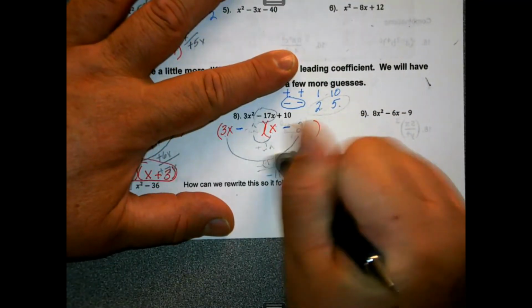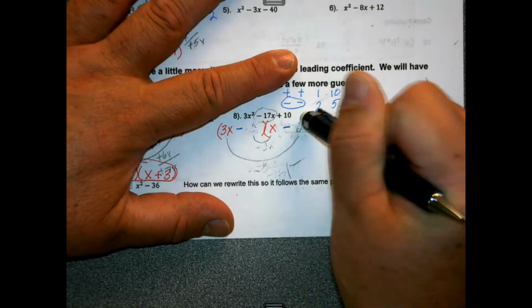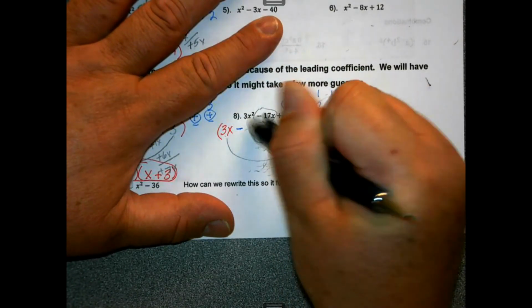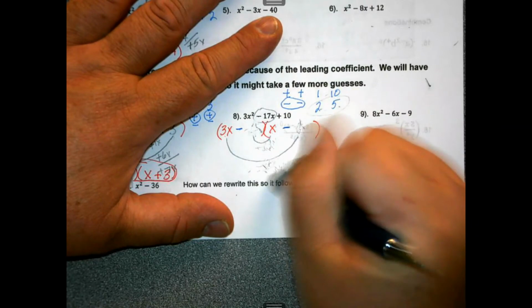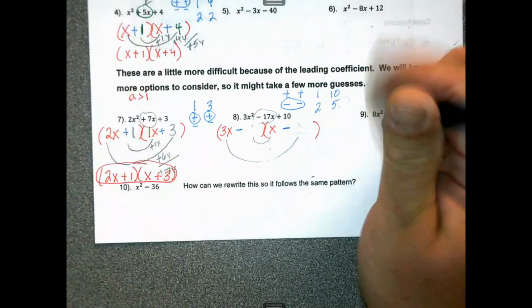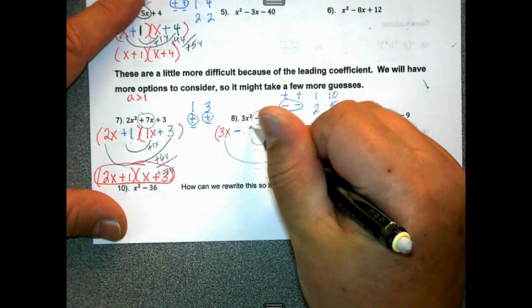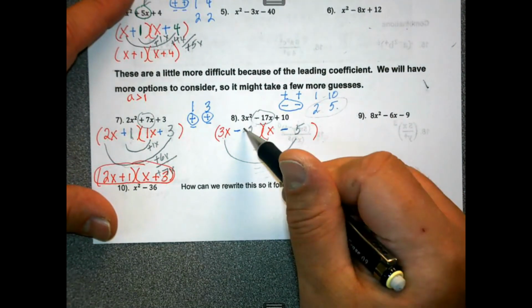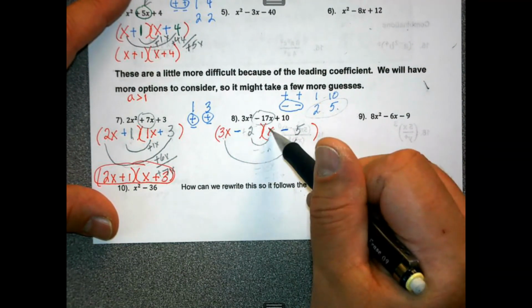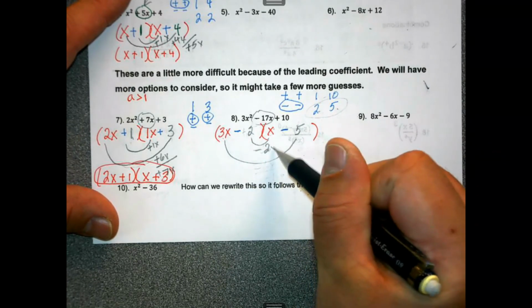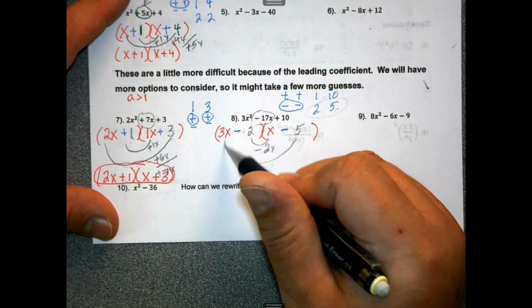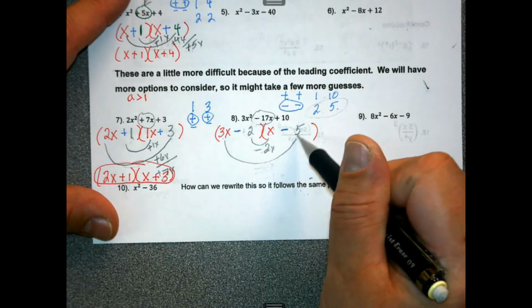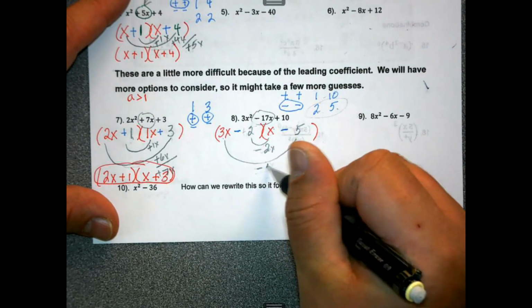And this is where pencil and paper comes in really handy. But I'm not going to go right to the 1 and 10 yet. I'm going to put the 2 here and the 5 here and check that. So the inner, negative 2 times x, is my negative 2x. The outer, 3x times negative 5, is negative 15x.